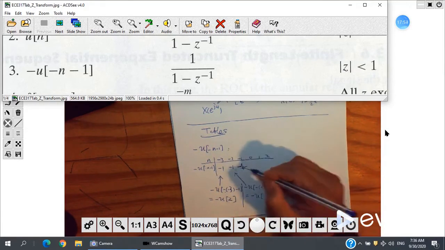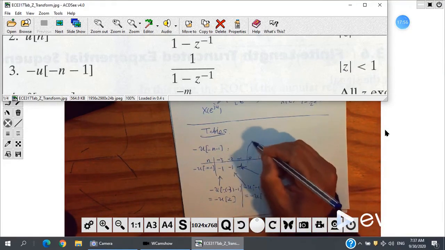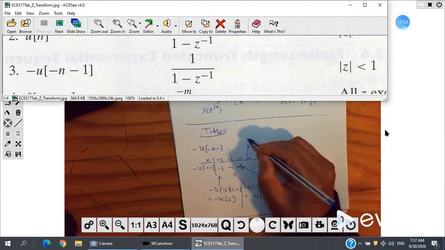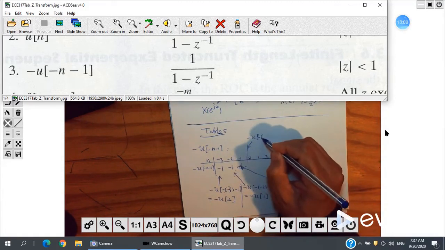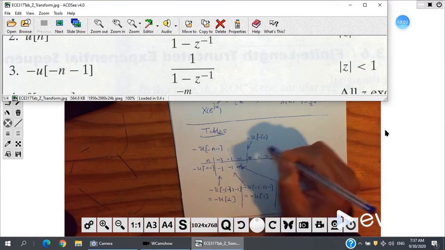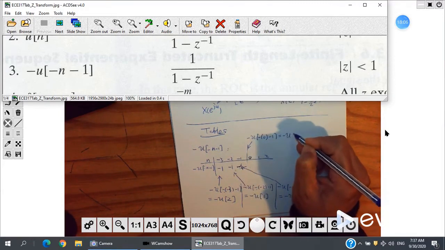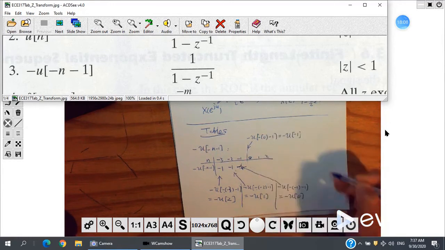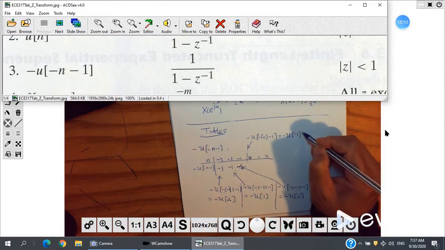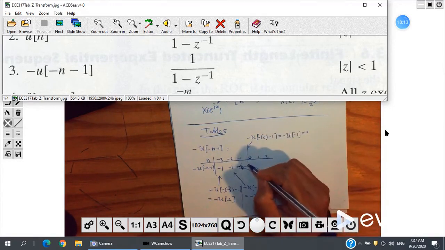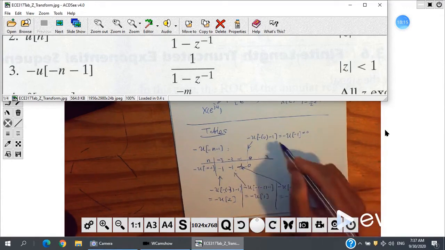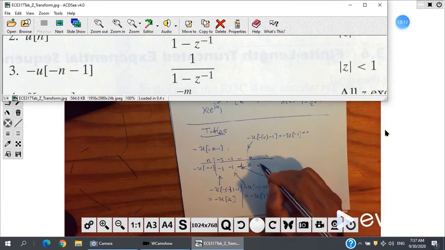Then for n equal to 0, negative n is negative 0, minus 1 is negative u of negative 1. U of negative 1 is 0, so here's 0. You can do similar calculations and find the rest are also 0.